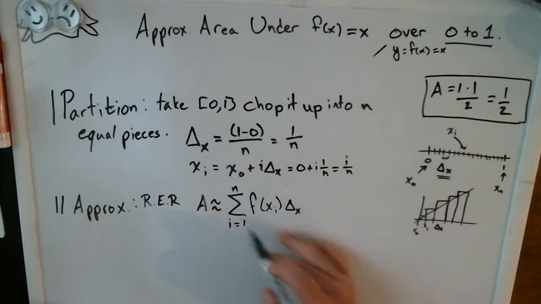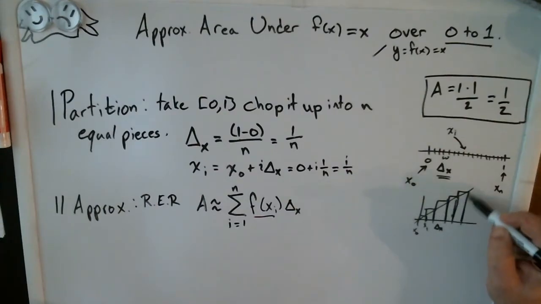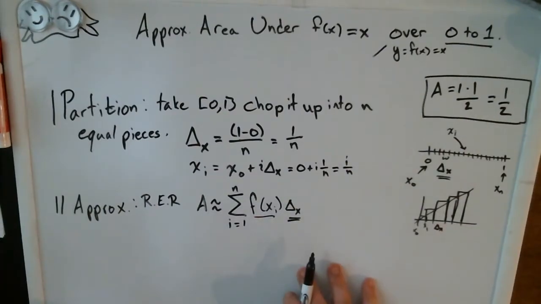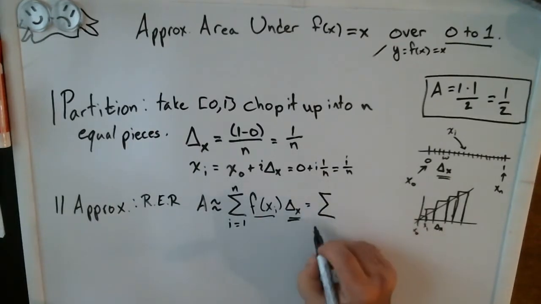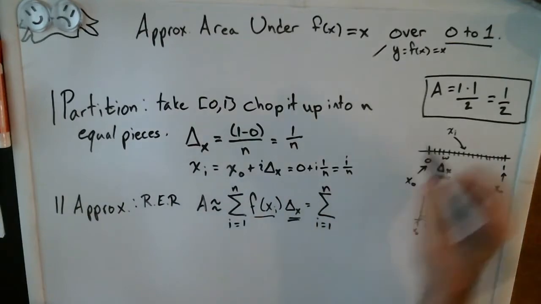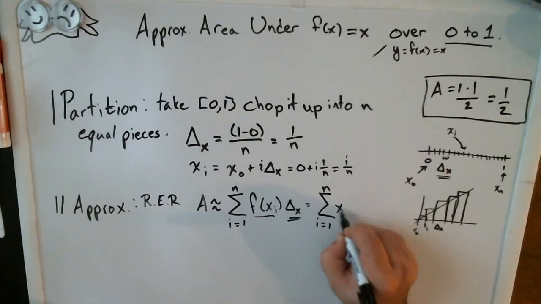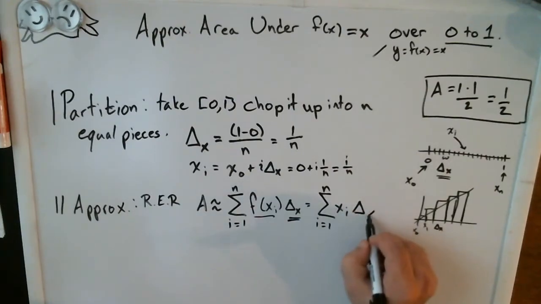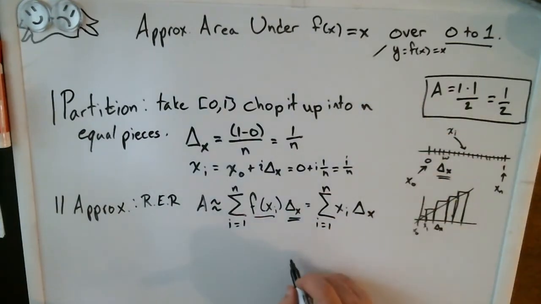We're not using x0, so we start from 1 and go all the way up to n. What is my function at that partition point, and how wide was my rectangle? This is great because I know f of x is just x, so f of xi is xi times delta x. Now let's plug in the values that I know from step 1.